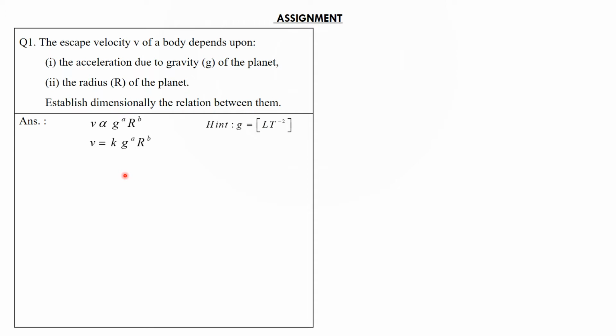Okay. The dimensions for g are LT^-2. So we put the dimension of velocity, which is LT^-1, k we don't put any dimension, g is LT^-2, r is L. So now L is a plus b in powers and T is minus 2a in power.